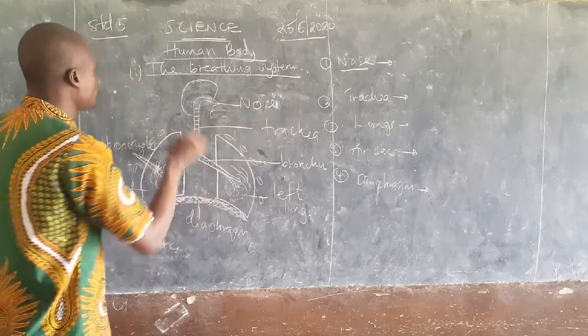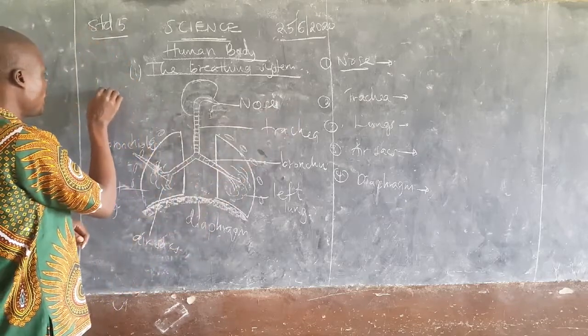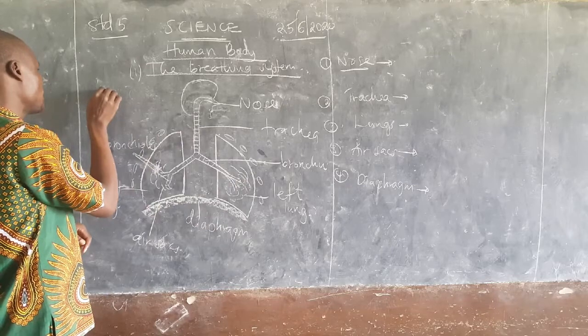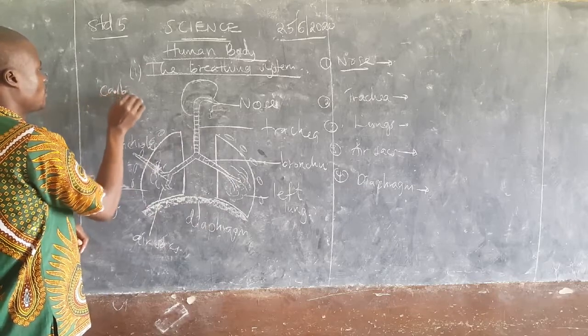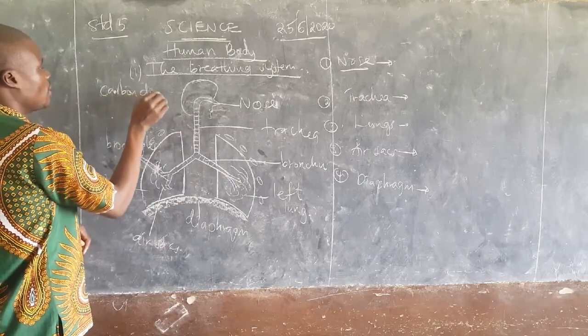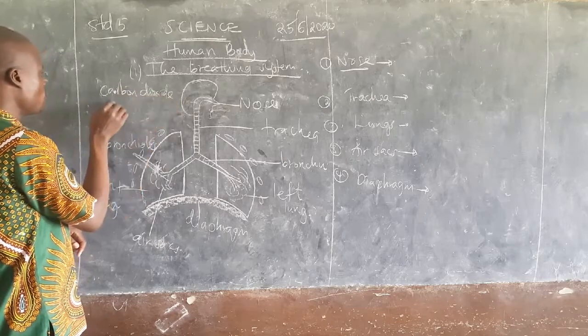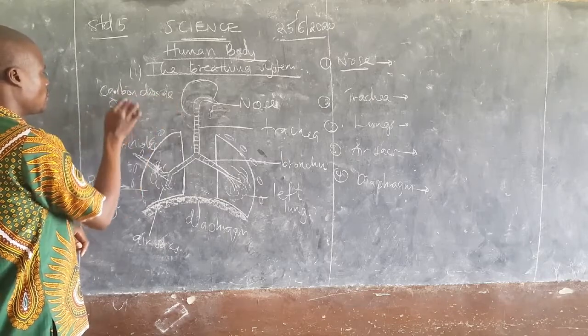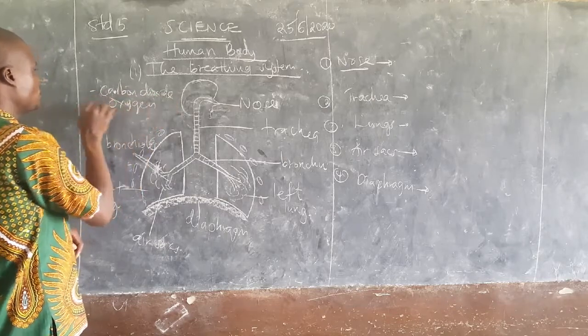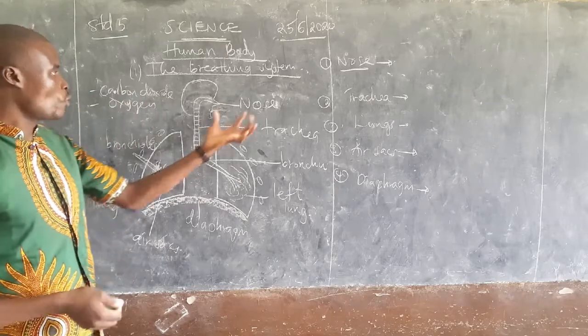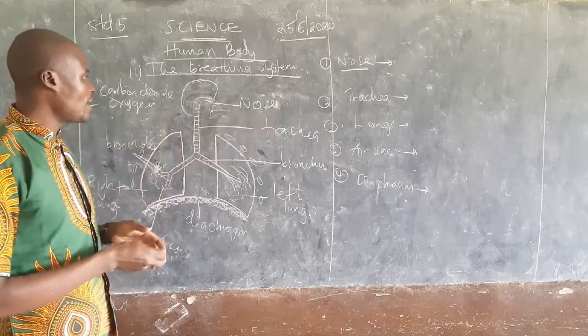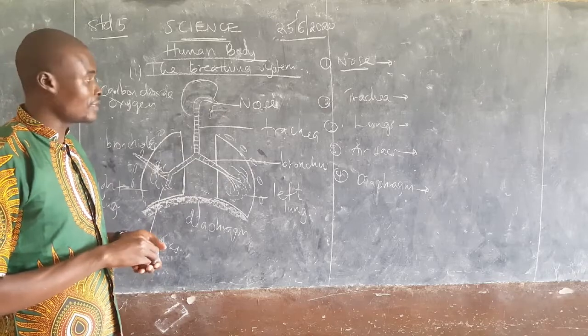In this particular topic, we're going to deal with two types of air, that is carbon dioxide and oxygen. So we inhale oxygen and we let out carbon dioxide.